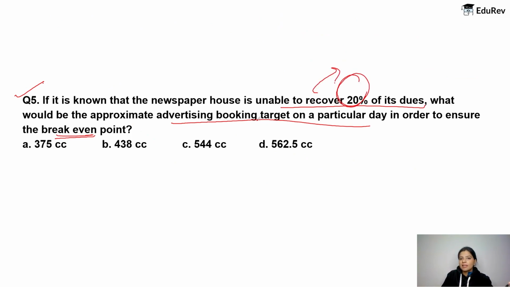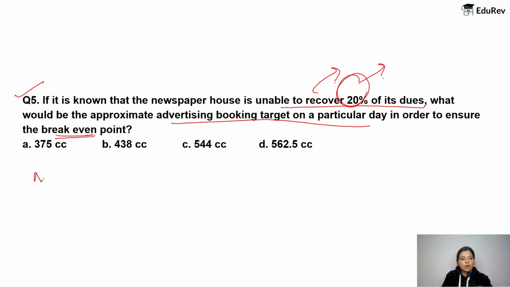So dues may be like, there may be middlemen involved who are getting the money from the newspaper house and giving it to the advertising agency, and then they are doing something in between, that 20% of the dues are not recovered by the newspaper house.